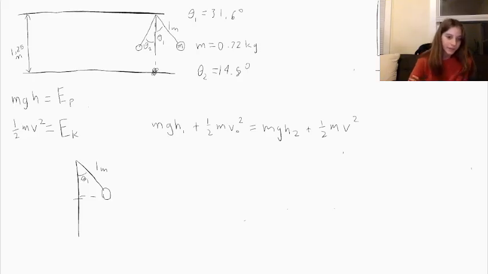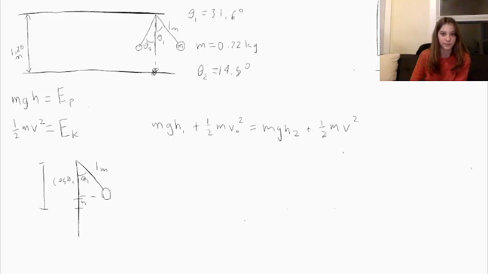So 1 times cosine theta 1 is cosine theta 1. And so, we're going to set our reference height to be at 0.25 meters off the ground, so at 1 meter from the roof. That means this height here, in between those lines, is going to be 1, because this whole thing here is 1. And the other section is cosine theta 1. So this height is 1 minus cosine theta 1.